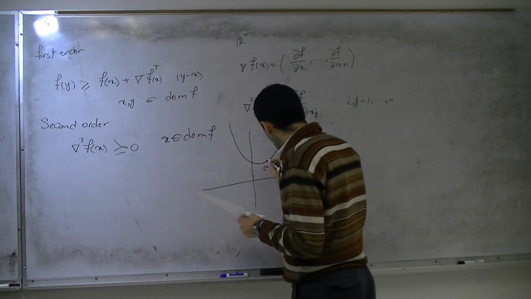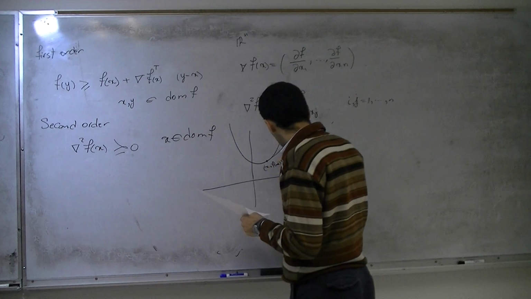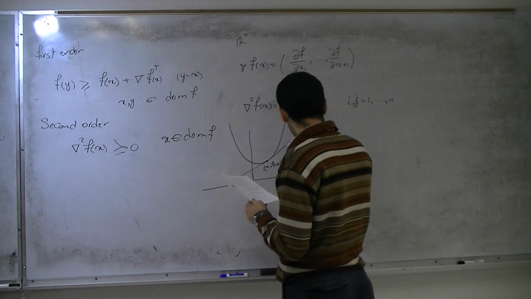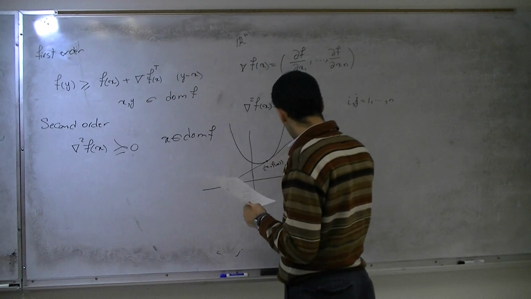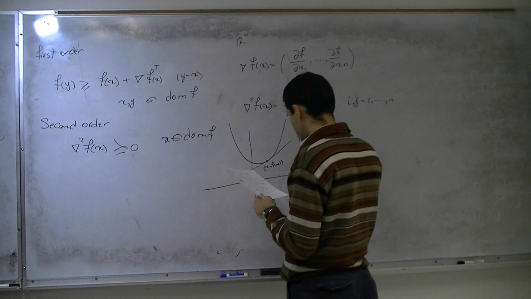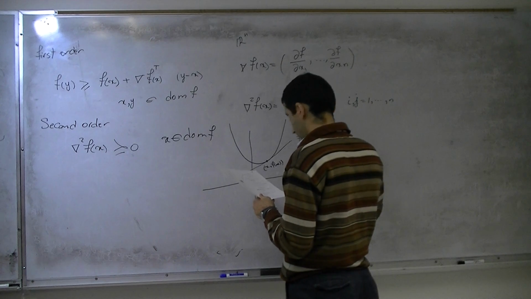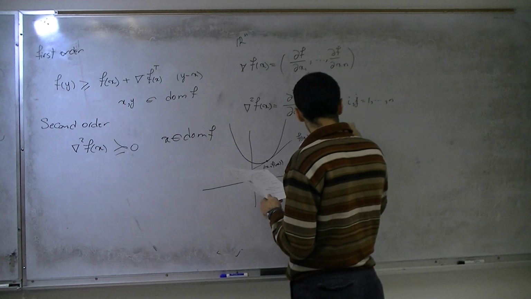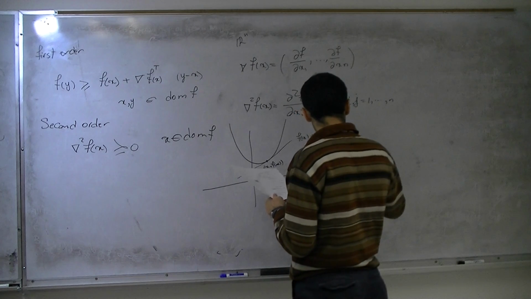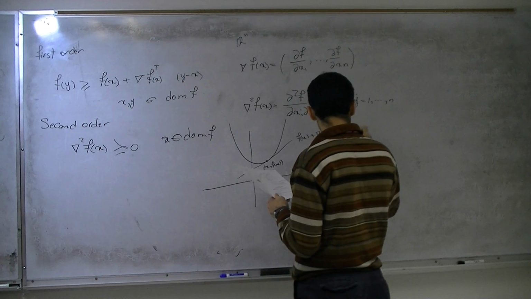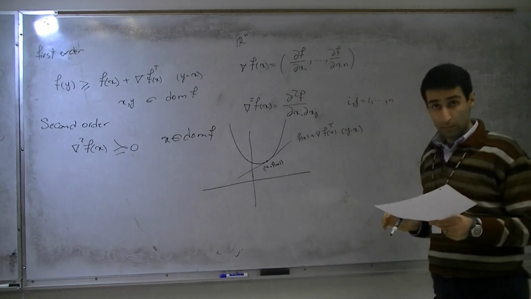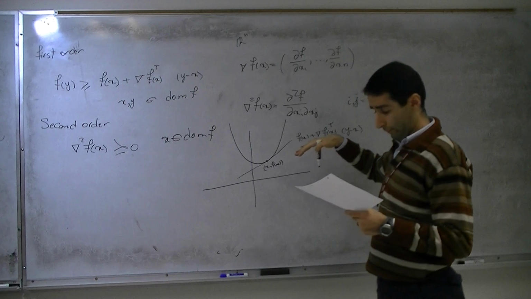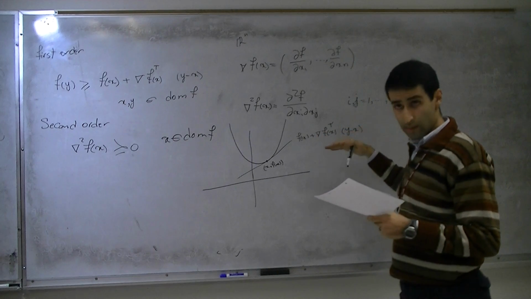And this slope line is f of x plus the slope times y minus x for other points y. It means we call it an underestimation function.